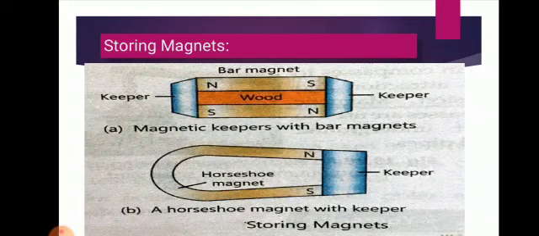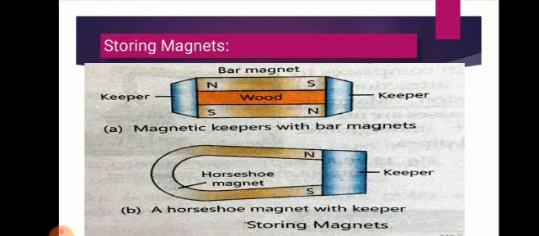Next is storing magnets. Magnets also lose their magnetism if they are not stored properly. To keep them safe, bar magnets should be kept in pairs with their unlike poles on the same side, as in diagram 1a. They must be separated by a piece of wood, while two pieces of soft iron should be placed across their ends.